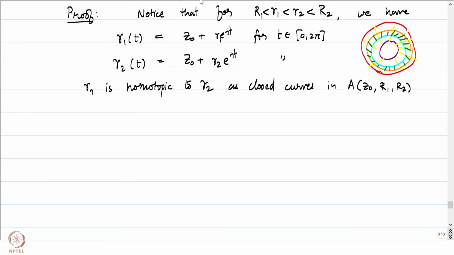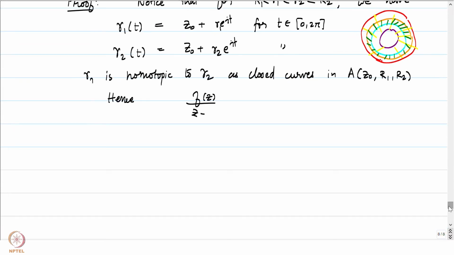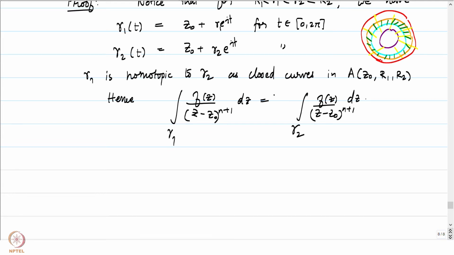So, hence, let me just note that if you look at f(z) by (z minus z0) to the power n plus 1, which is holomorphic, the integral over gamma 1 is going to be the same as the integral over gamma 2 of f(z) by (z minus z0) to the power n plus 1 dz, because they are homotopic to each other, and this function f(z) by (z minus z0) to the power n plus 1 is a function holomorphic on the annulus where the homotopy is defined.